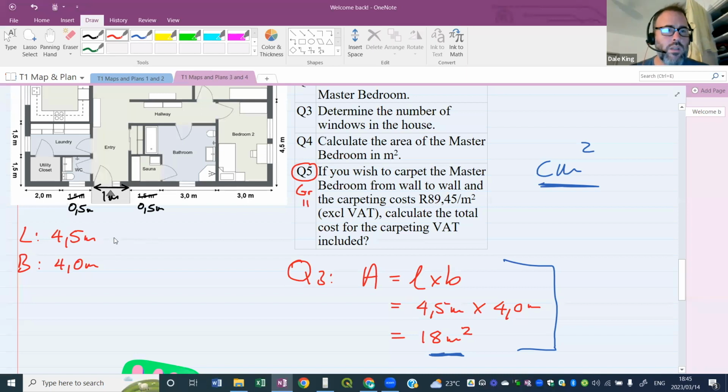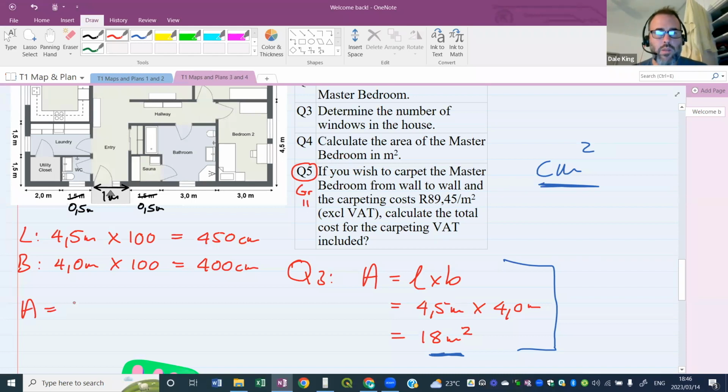To convert meters into centimeters, like someone mentioned, you multiply by 100 and you'll get 450 centimeters and 400 centimeters. So you can convert them into centimeters first and then multiply them together in the same sum that you did before. Let me quickly do that.